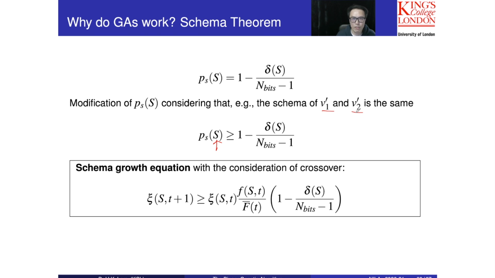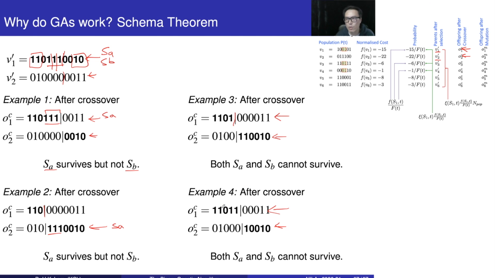So we are going to change the equal sign to greater than or equal, because when V1 prime and V2 prime are the same, the probability of survival will be higher. Okay, and now previously after the selection, this is the number of S in the population right here after the selection, and then we perform the crossover.